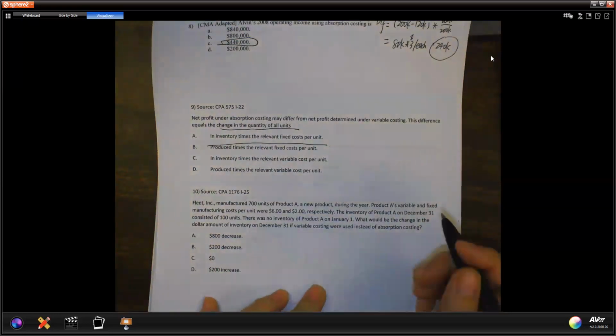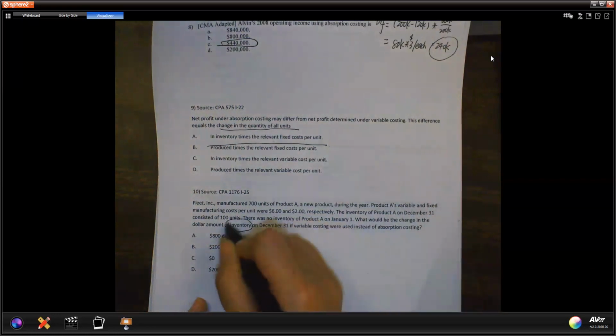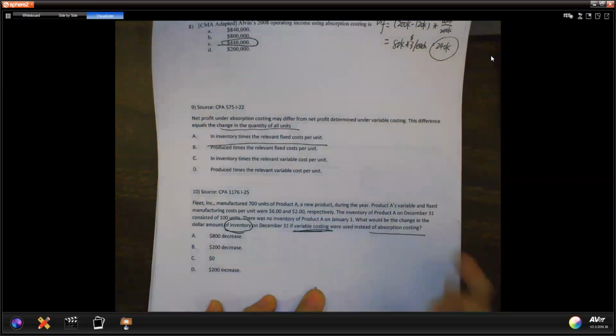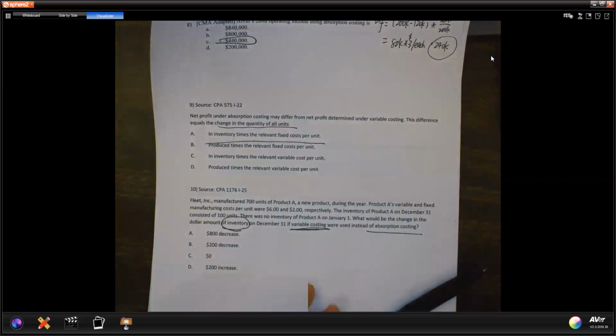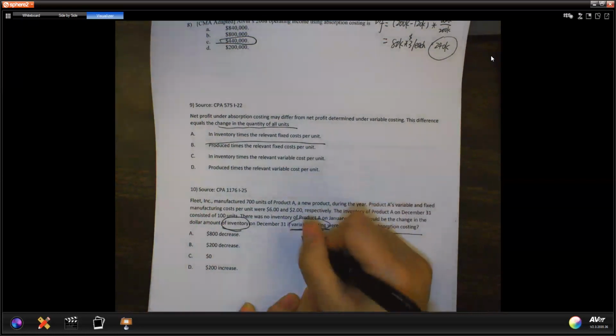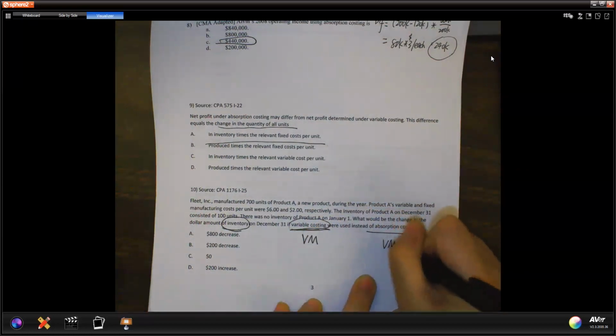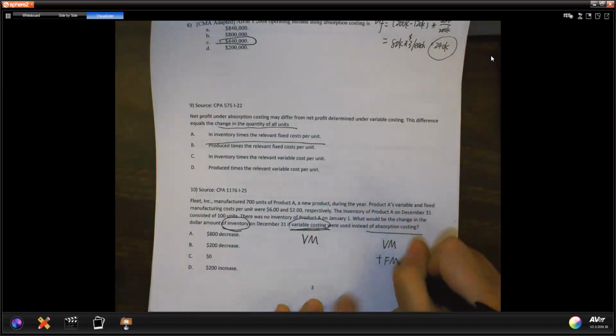Next one, question 10, talking about inventory. What will be your inventory if you use variable costing instead of using absorption costing? So we said for the inventory, most likely under variable costing method, your number will be lower, because for inventory, variable costing only has your variable manufacturing cost, and absorption costing is variable manufacturing plus your allocated fixed manufacturing, right?